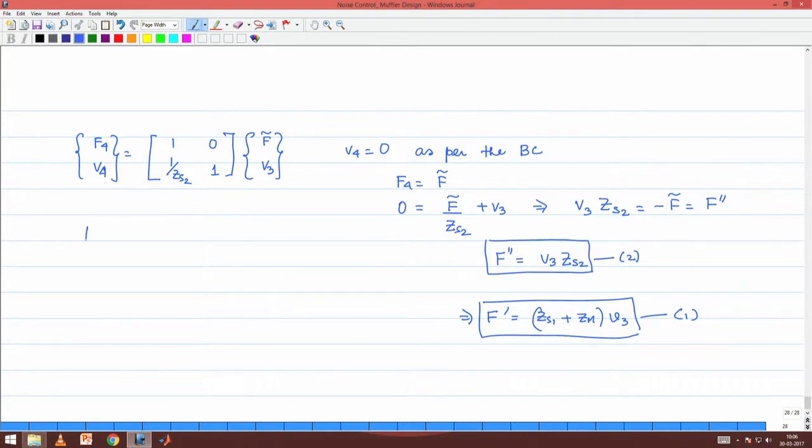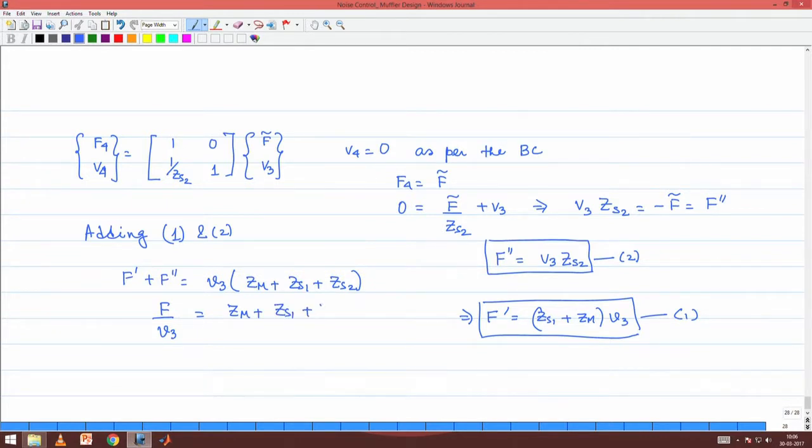So, adding 1 and 2, we will get F prime plus F double prime is equal to V3 into Z m plus Z S1 plus Z S2, which would also mean F by V3 is equal to Z m plus Z S1 plus Z S2. This is the same result as was obtained using the electric circuit analogy. So, the electric circuit analogy and the transfer matrix method herein give the same result, as it should.